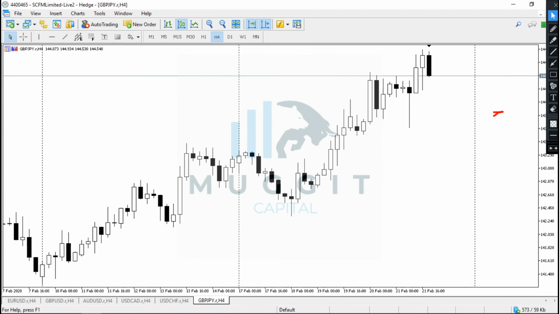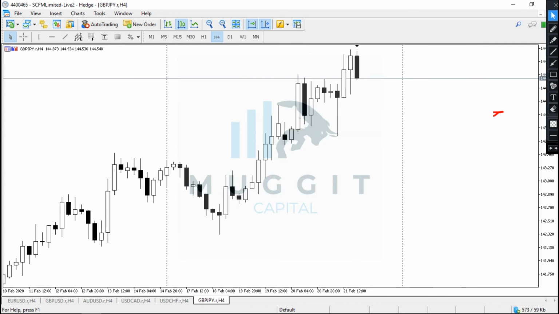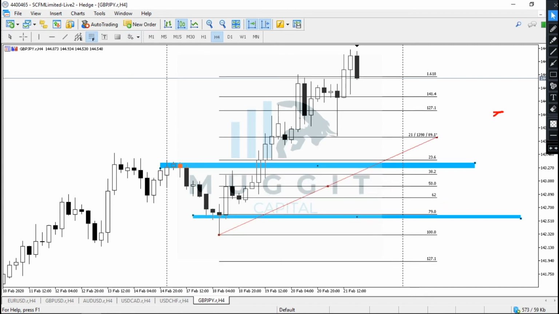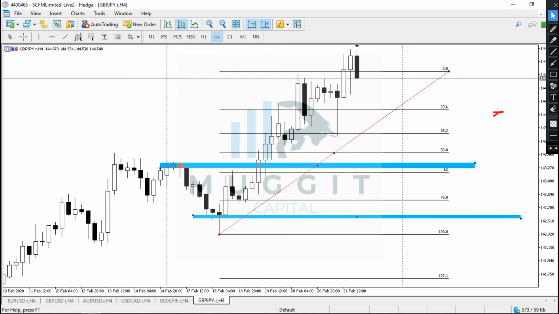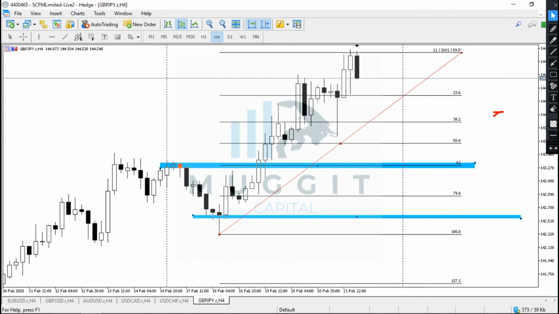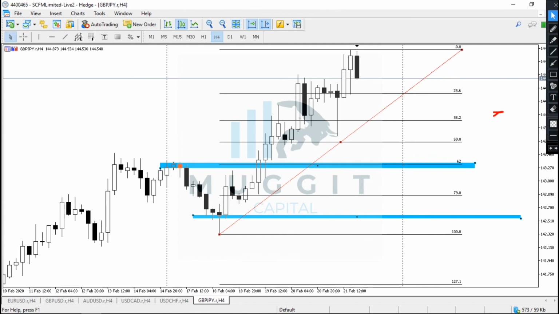GJ, as you can see, there is no clear picture of what it's doing, but we can consider this resistance here and this support down here. If we try to draw up the Fibonacci tool, most likely this area will align with the 786 level, which I was telling you guys about, or 618, there between. We can see clearly it aligns with the 61.8 level.